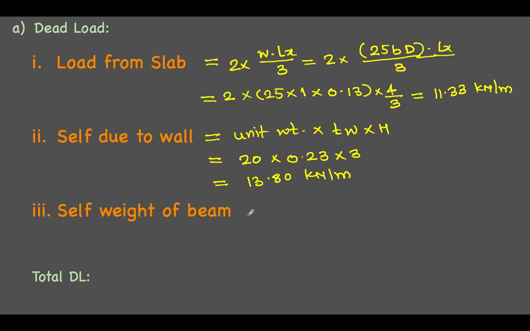And now we have to find out how much is the self weight of beam. For this self weight of beam, this is also from concrete, so we have to consider density of concrete 25 kilonewton per meter cube into width of the beam or width of the support. Let us assume this width of the beam as 230 mm, so it is 0.23 into depth of the beam.